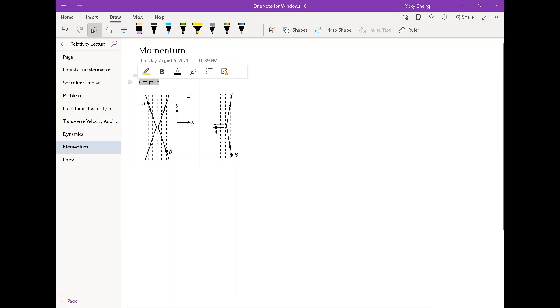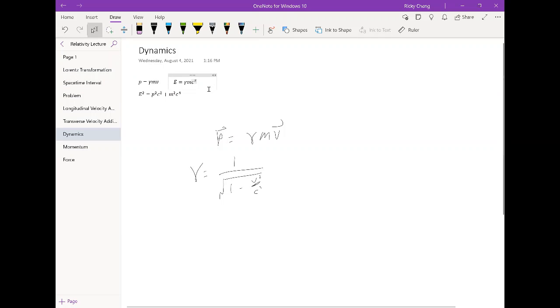It's a short thought experiment that essentially shows that if momentum is equal to gamma mv, then this quantity is conserved in relativity, because both momentum and energy are conserved in relativity as they are in classical mechanics.